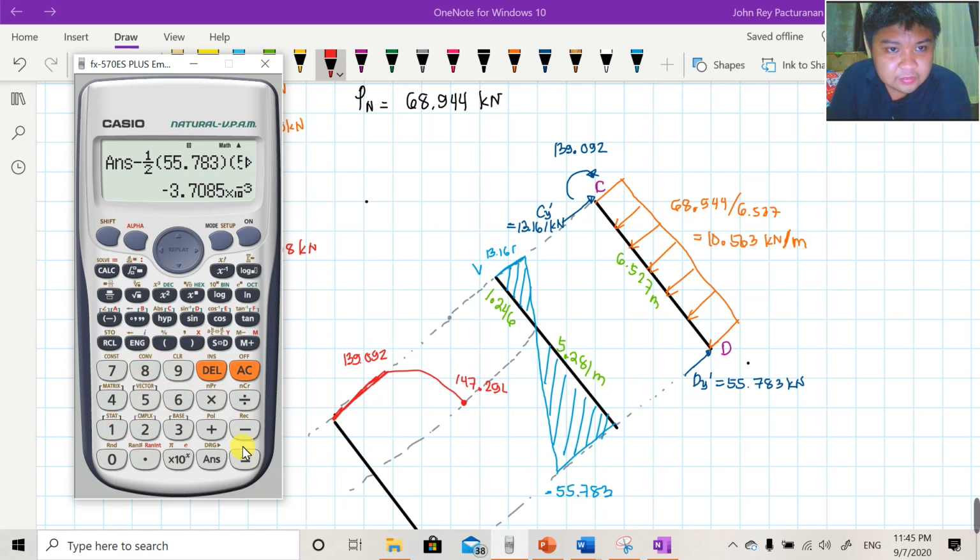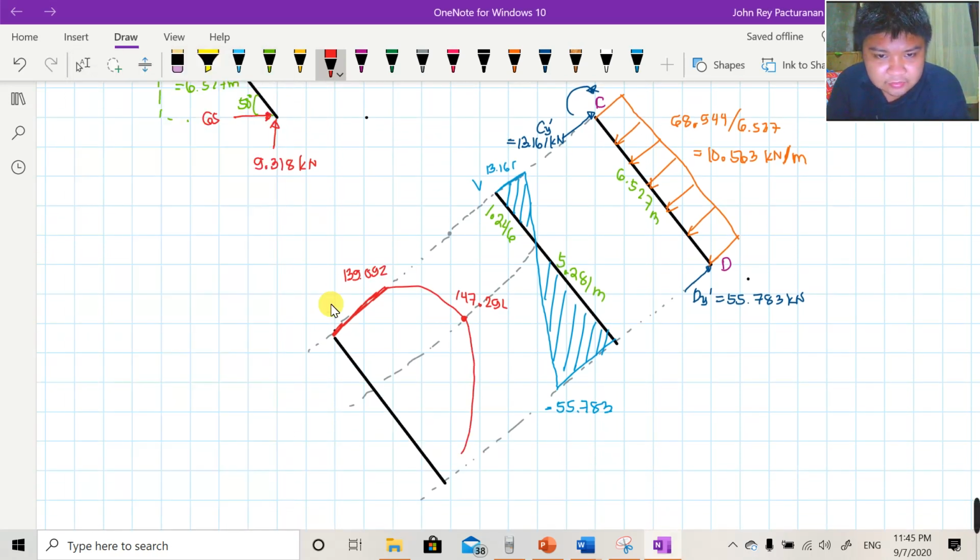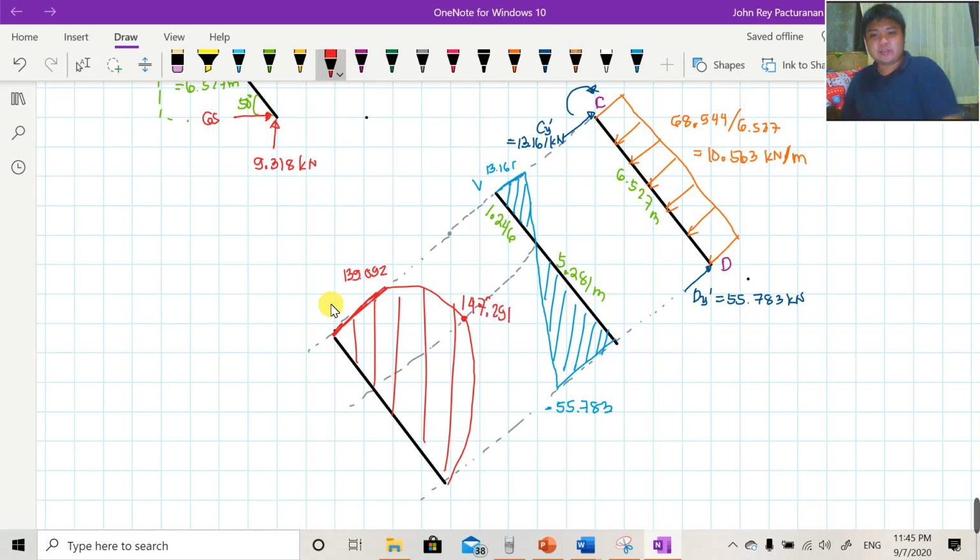Diba? So, ang magiging sagot ay sobrang liit niya yan, class. Pag chinek mo, pag scientific notation mo, shift eng, napakaliit na yan para i-consider na rin natin as 0. Okay, so this will be the moment diagram of the beam. So, 147.291, ayusin ko lang yung pagkasulat.